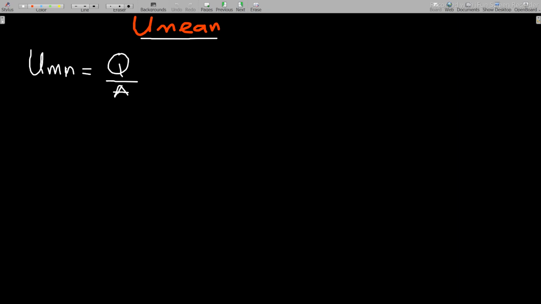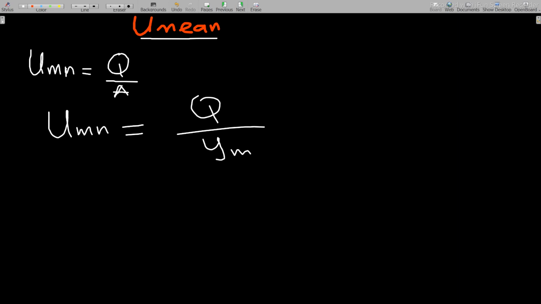So the total area we are moving in is y. What is the total length for our y? It's ym. So our u mean is equal to the discharge over ym.